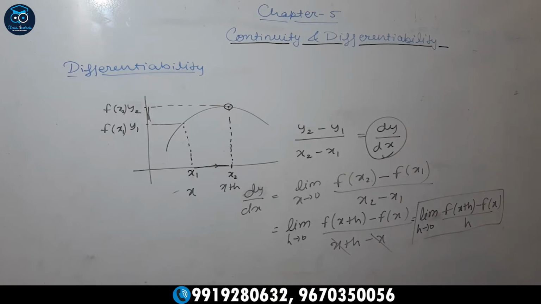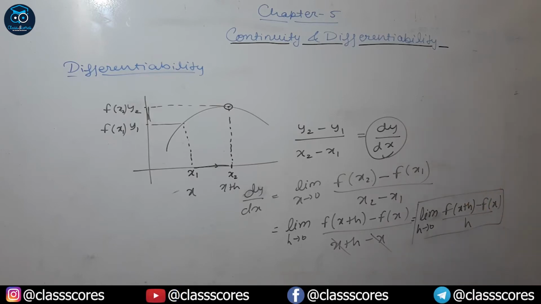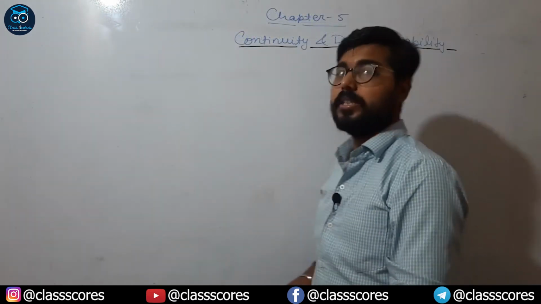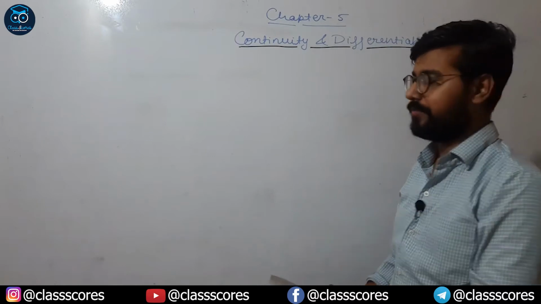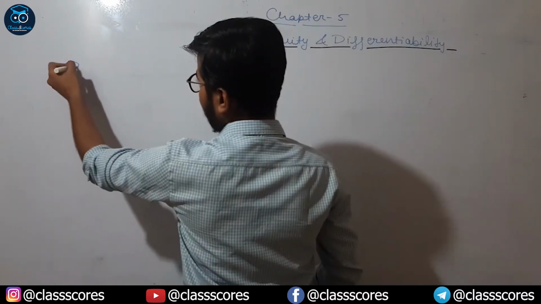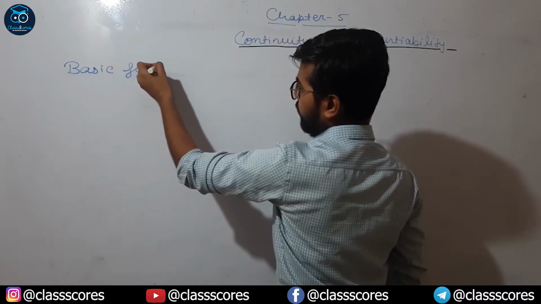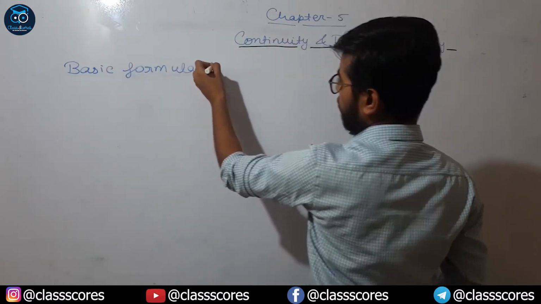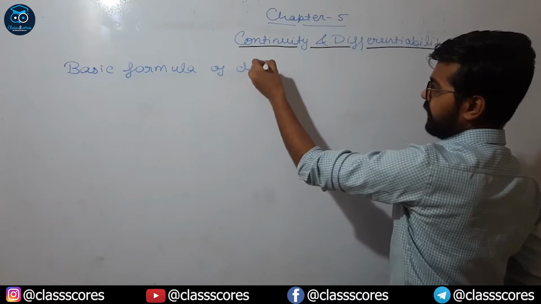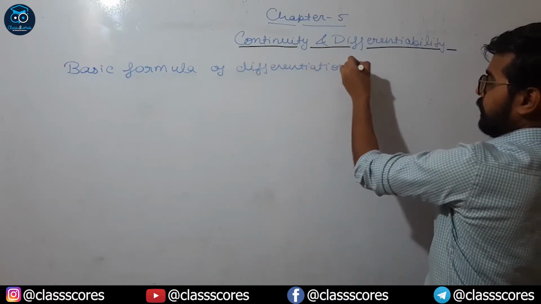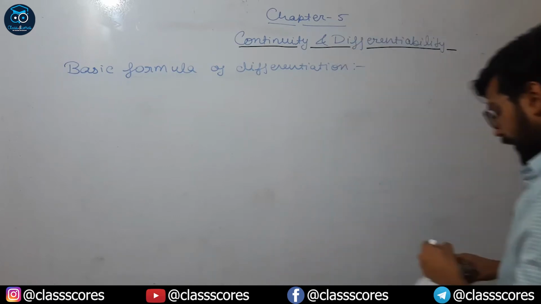Now we are moving towards some basic formulas of differentiation. Now please pause the video to note it down. Okay, now moving towards some basic formulae of differentiation. So write down the heading and some formulas.